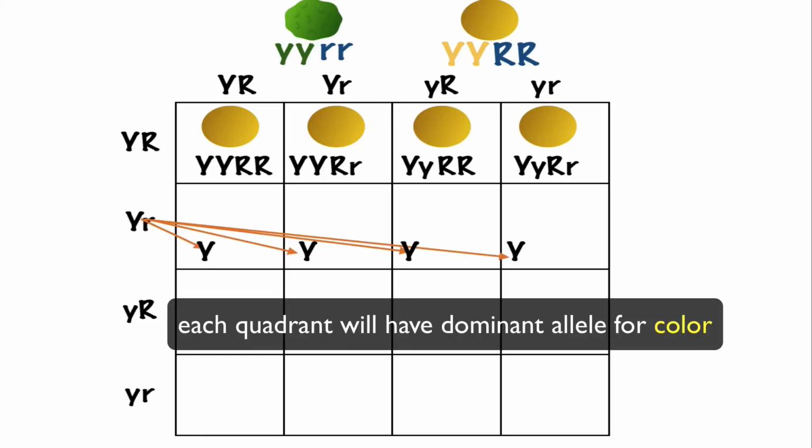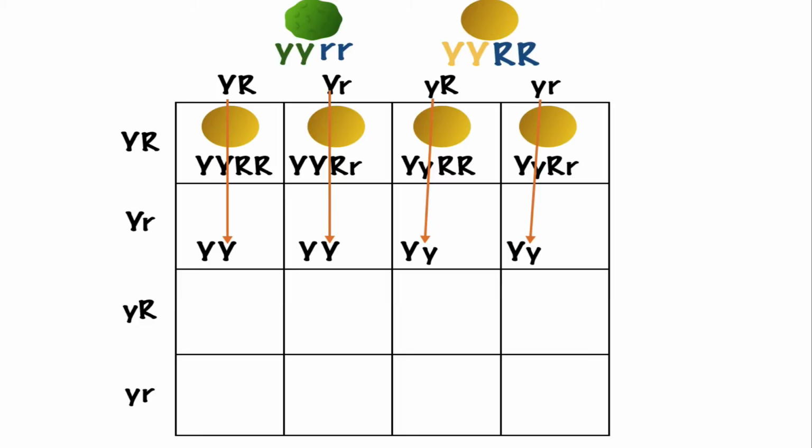No matter what this top row of Y's contributes, because I have a capital Y in every single one of these, they're all going to be yellow. Even if it's homozygous for the first 2 and heterozygous for the second 2, it's still all going to be yellow in terms of phenotype.